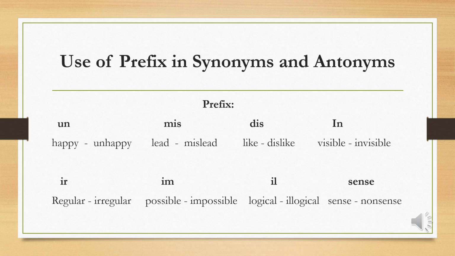For example, lead, mislead; like, dislike; visible, invisible; regular, irregular; possible, impossible; logical, illogical; sense, nonsense. Kindly note that the prefix "mis" usually has the meaning of doing something wrongly.